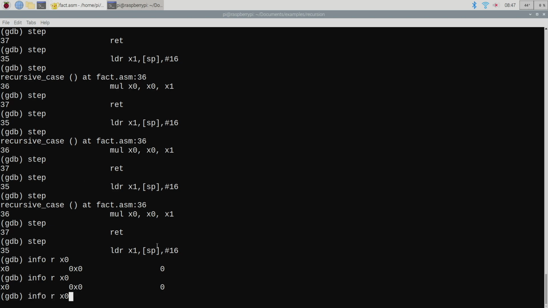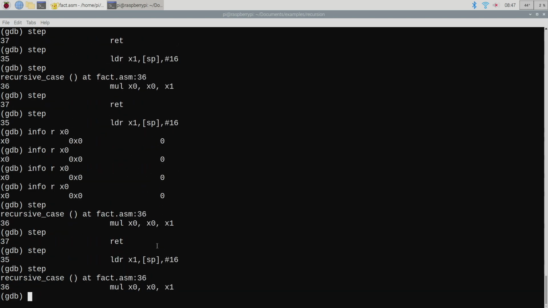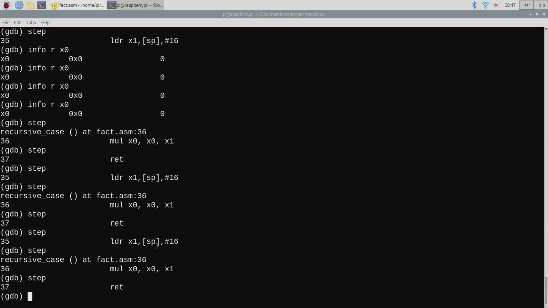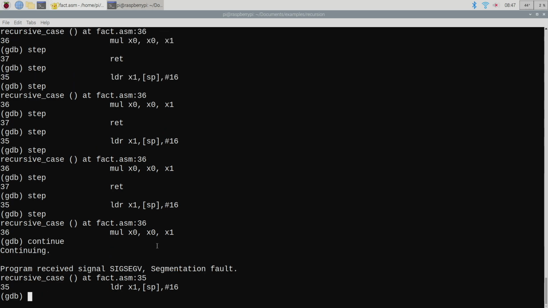Oops. So I'm stuck in the recursion, right? It does suck, but I did this deliberately. And if I hit continue, it's going to seg fault, right?